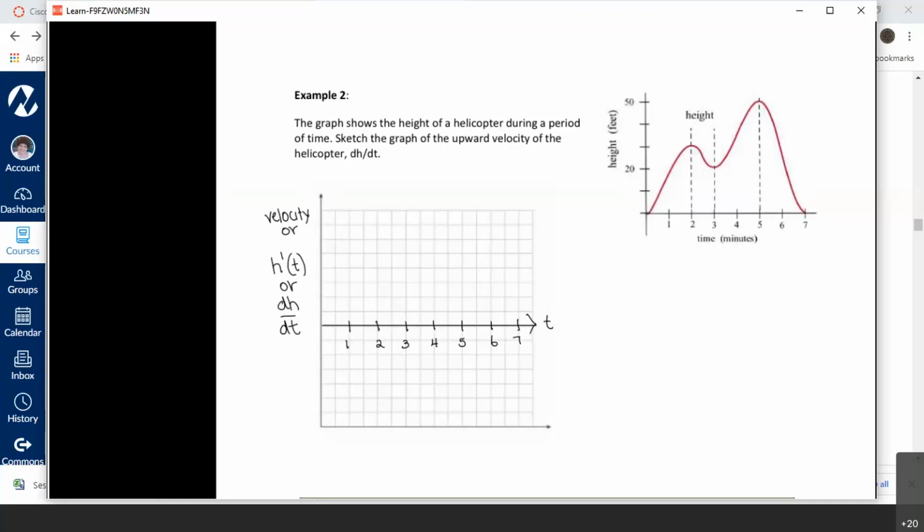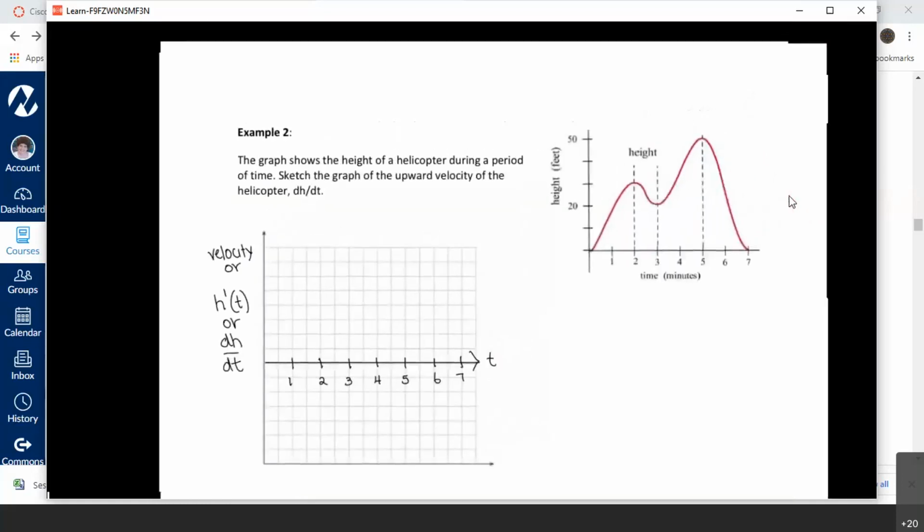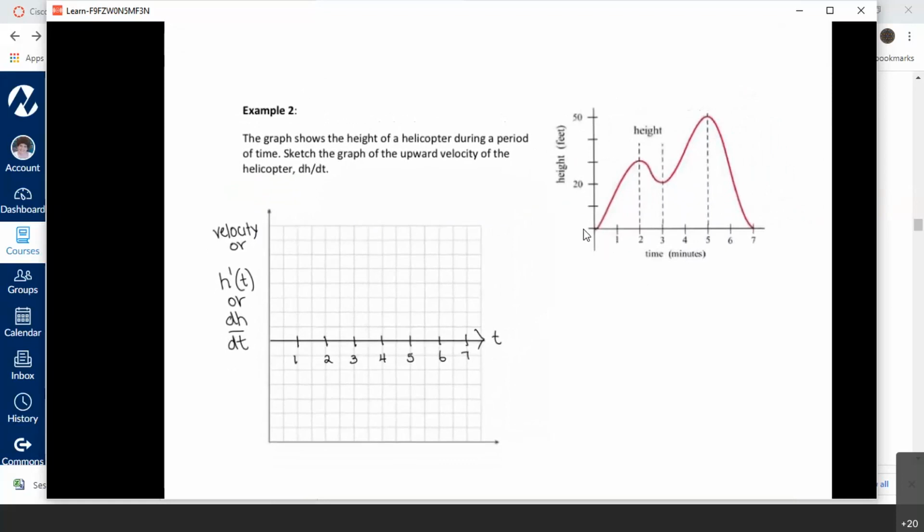In order to draw the derivative graph, the first thing I'm going to be interested in is where the velocity is 0. We've got this thing, position is going up, it's hovering for a second, then position's going down, hovering for a second, going up, hovering for a second.